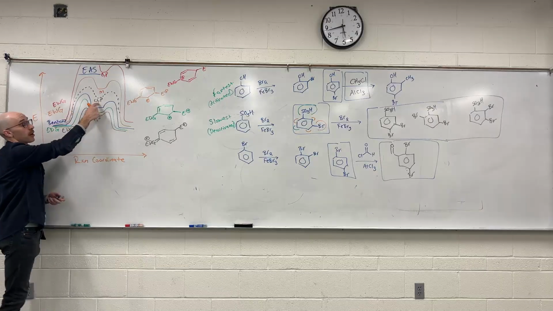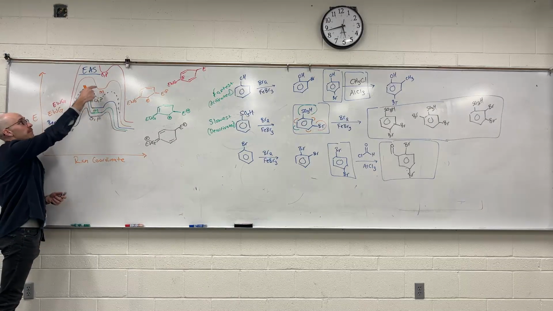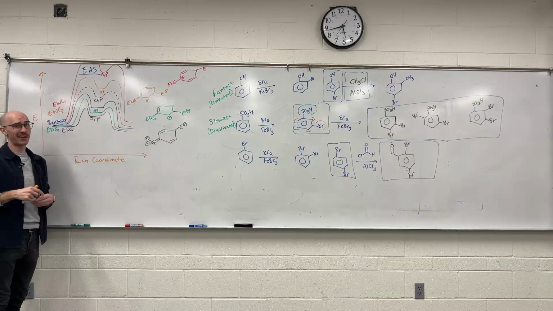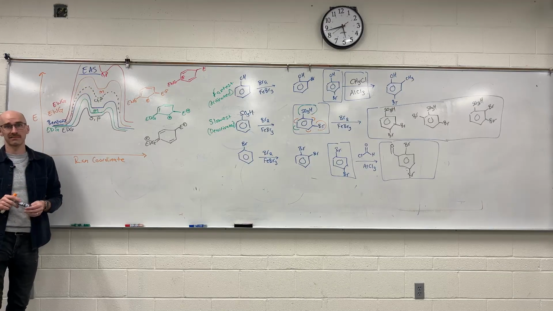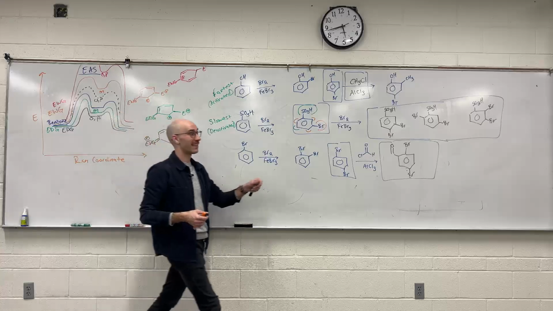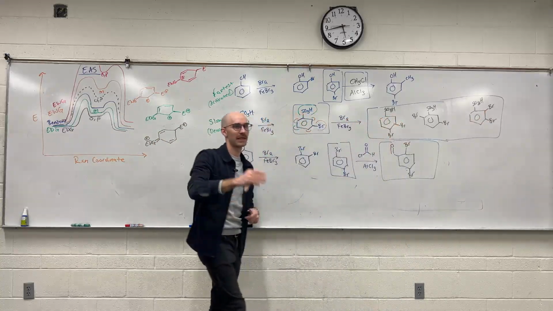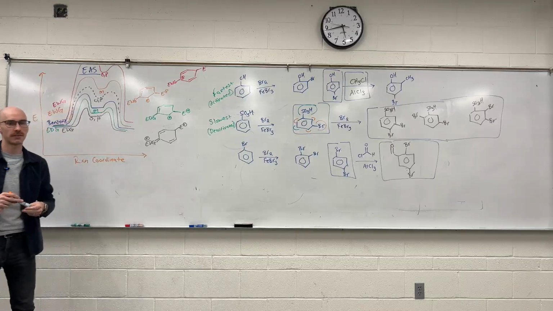And that will be the lowest energy pathway. To get the meta-substituted product, it's going to have to go to a higher energy, and it's not likely to do that. Even if the ortho product has a lot of steric strain, it's still more likely. But that's beyond what you're going to have to do.